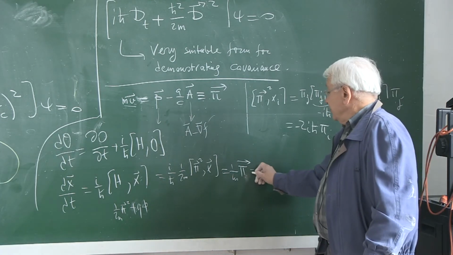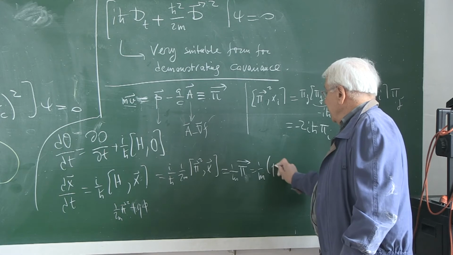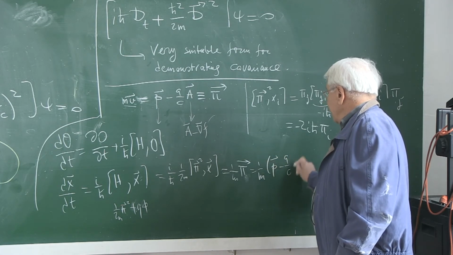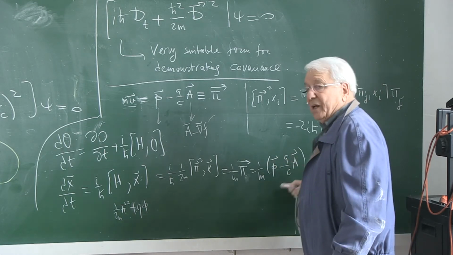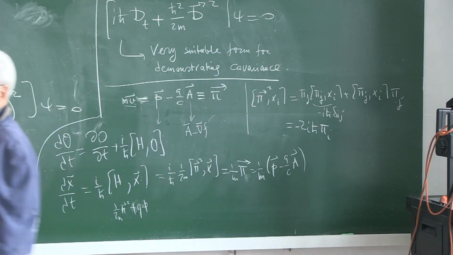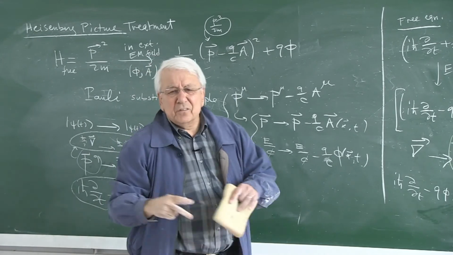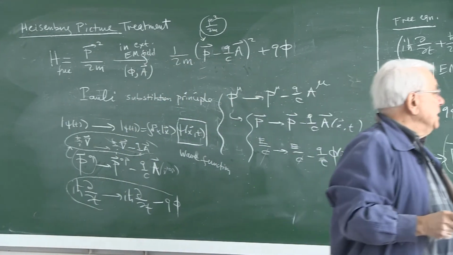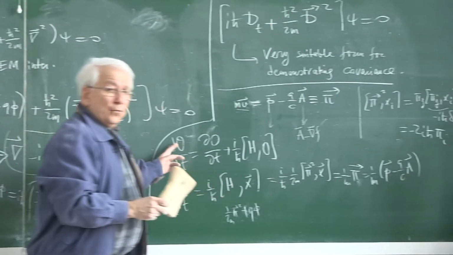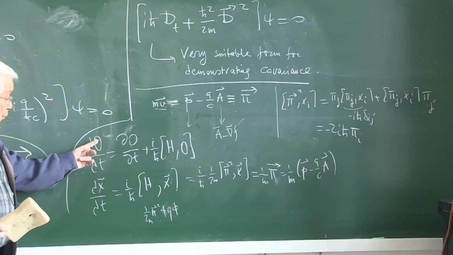Pi is p minus q over c A. So it is this thing really, the kinetic momentum, which appears in here. Not the canonical momentum, but the kinetic momentum. That's nice.